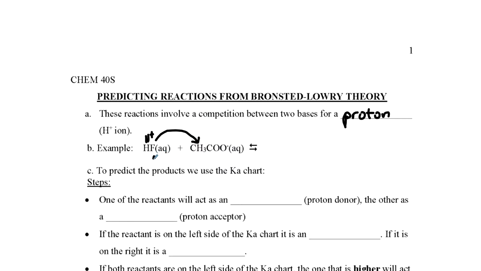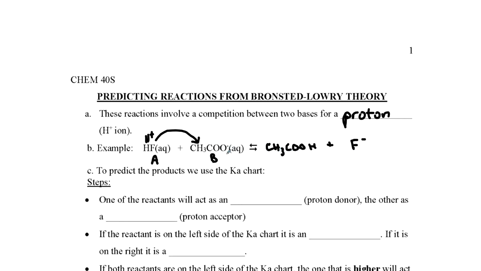So this would be our acid. Then this would be our base. And because this hydrogen is zipping over here, this would become acetic acid. And this would just become the fluoride ion because it lost its hydrogen.